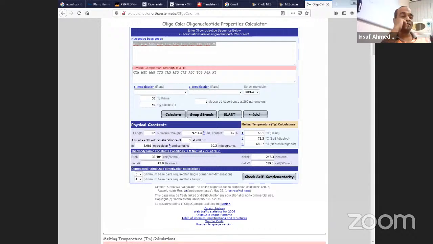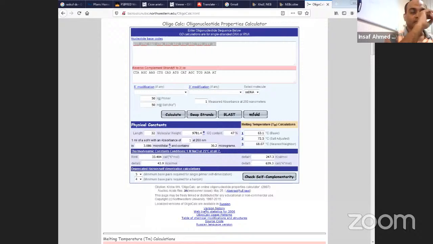So the first thing is the cost. You are going to spend very little. The second thing is time, because if you see any other expression host, either yeast, or human or mammalian cells, or insect cells, all these hosts need a lot of time, while E. coli has a very short generation time, just 20 minutes.